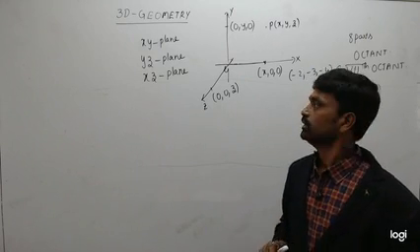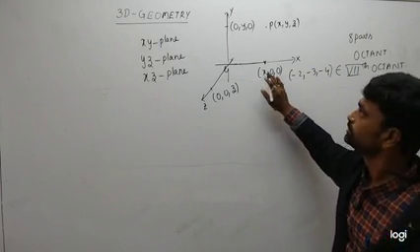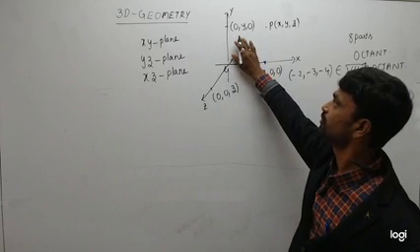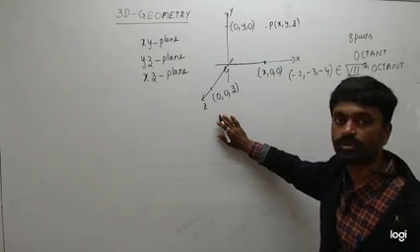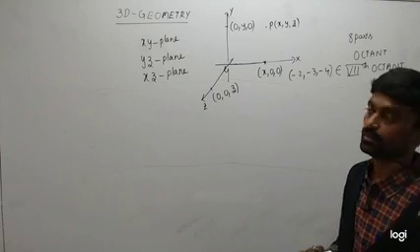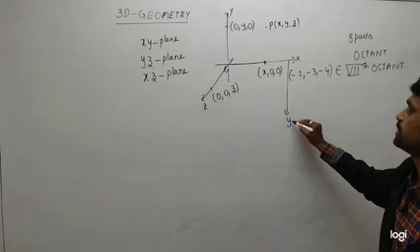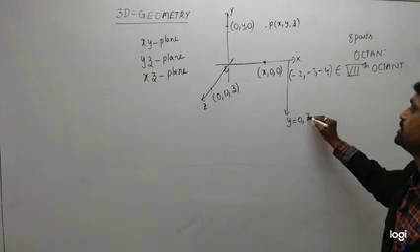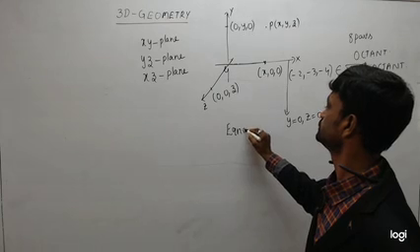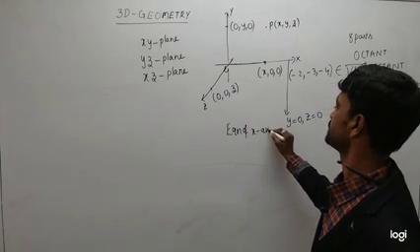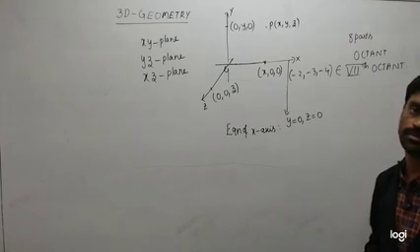Any point on the x-axis is of the form (x, 0, 0). Any point on the y-axis is of the form (0, y, 0). Any point on the z-axis is of the form (0, 0, z). So that's why the equation of the x-axis becomes y = 0 and z = 0.